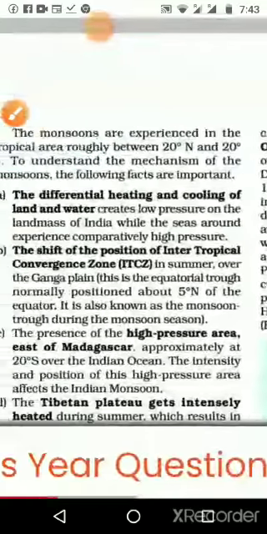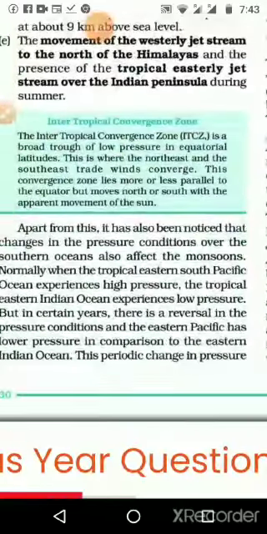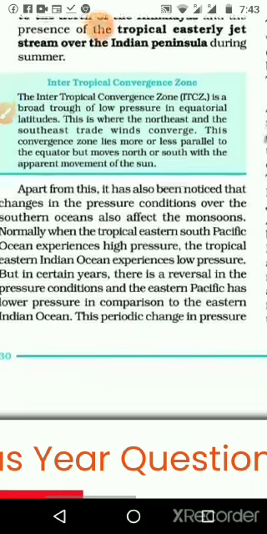Converge means coming together and meeting together in the equatorial region, and this convergence zone lies more or less parallel to the equator, but moves north or south with the apparent movement of the sun.